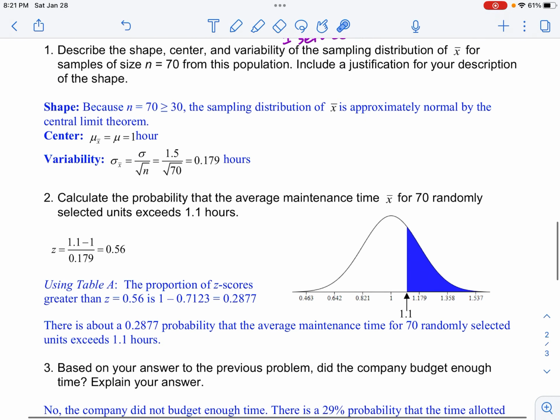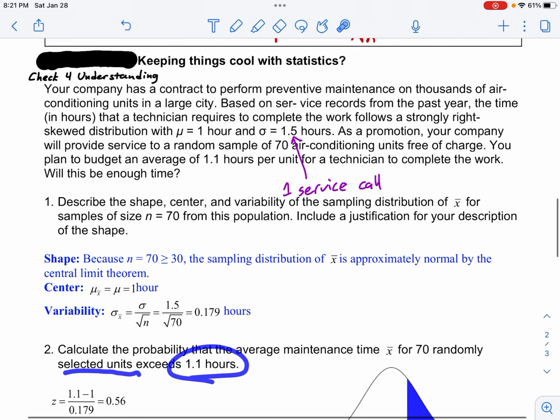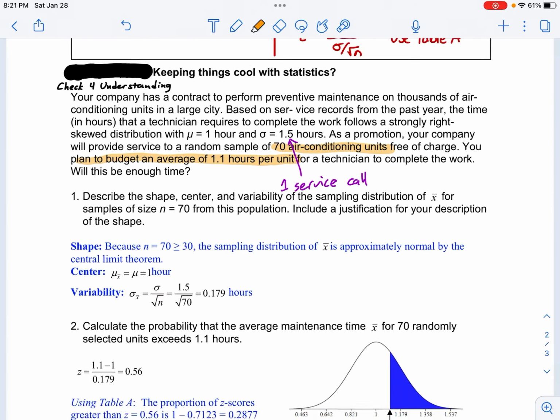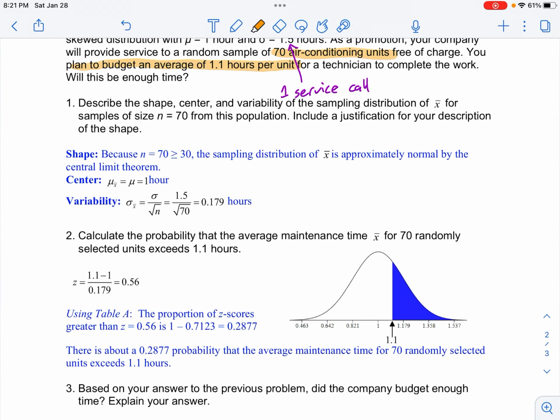Okay, number 2. What is the probability that the average maintenance time for 70 randomly selected units exceeds 1.1 hours? Because remember up here, that's what they budgeted. It says they plan to budget an average of 1.1 hours per unit, and they had 70 units. So in other words, for this sample of 70, what's the likelihood that the average is higher than 1.1? So here's the distribution.